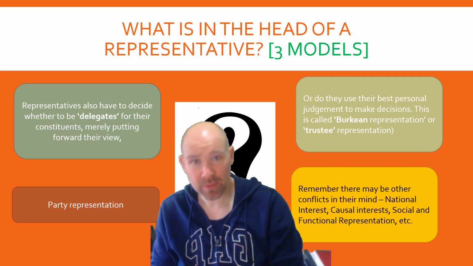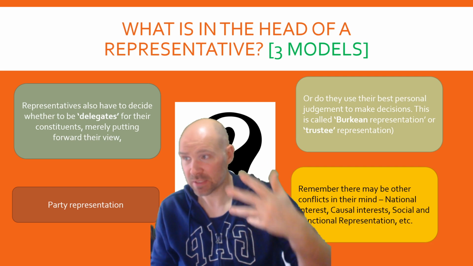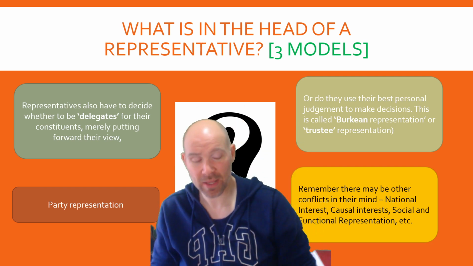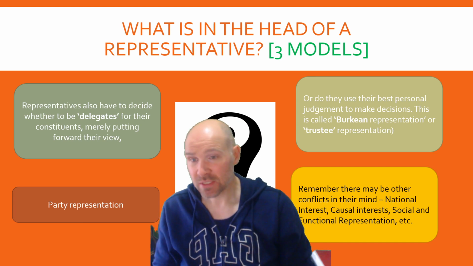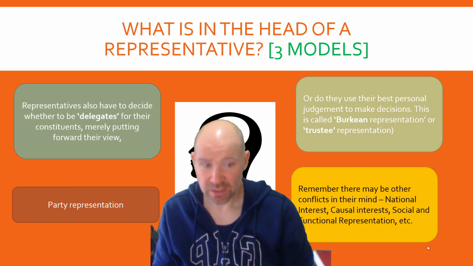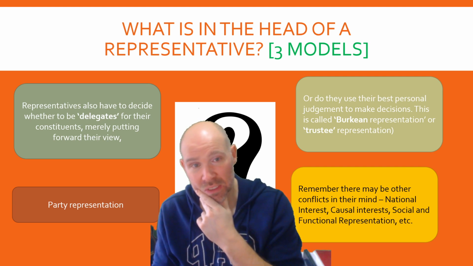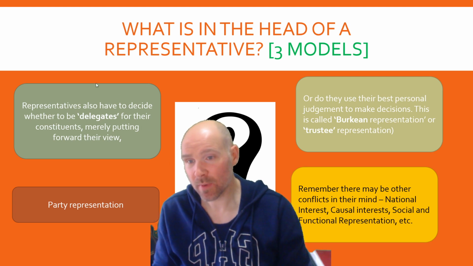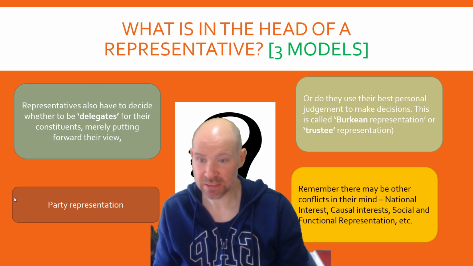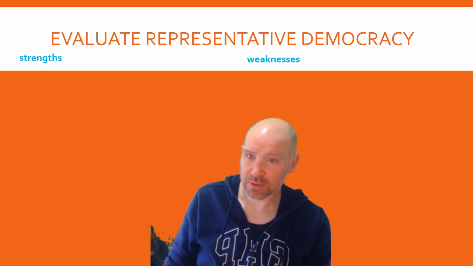So, for example, David Lammy, who is a Labour MP, is very well known for campaigning on issues for black rights, because that's his personal demographic, and he was very active during the Black Lives Matter campaigns and things like that, which doesn't necessarily fit any of the other three models, but does fit a particular cause or a social representation that he is passionate about. So it is quite complex. But when you're talking about representation in an essay, I would expect to see discussions of these three different models there. And it also shows how you understand how Parliament functions.